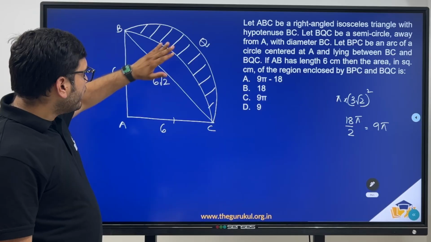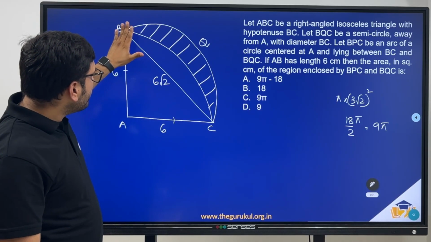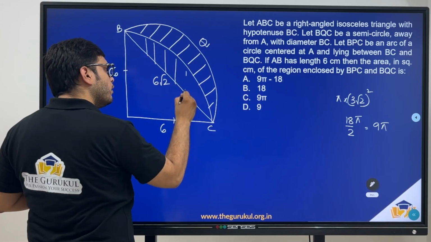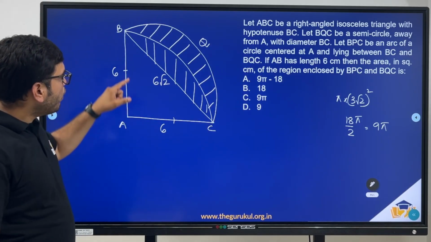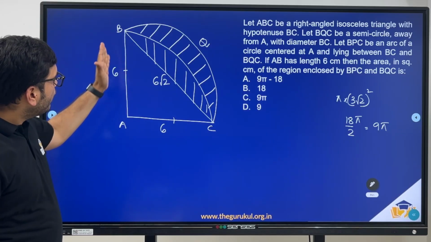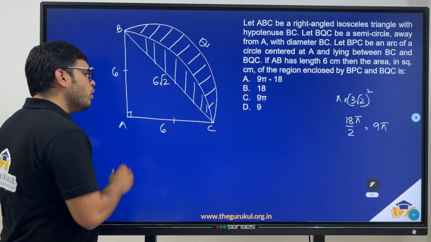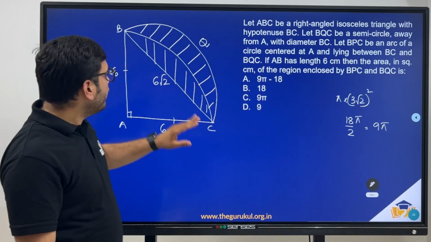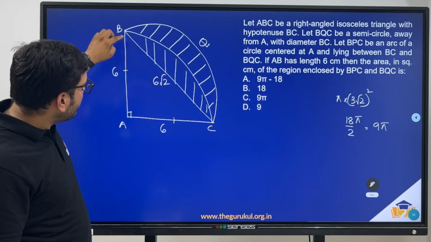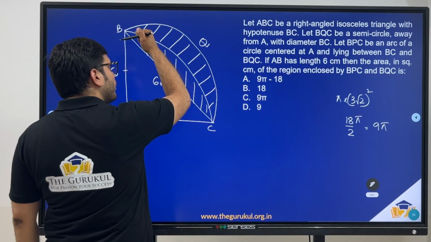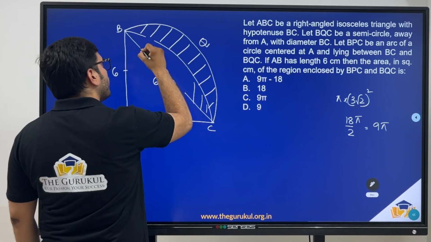Now to get this area from the area of the semicircle BQC, we need to subtract the area of this part. Now how can we find the area of this part? Now this is nothing but a sector of a circle or quadrant of a circle. Right. Now from this quadrant, if we can subtract the area of this triangle, it leaves us with nothing but the area of this part.